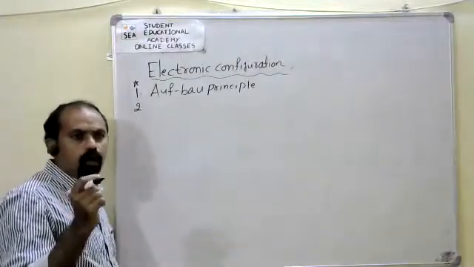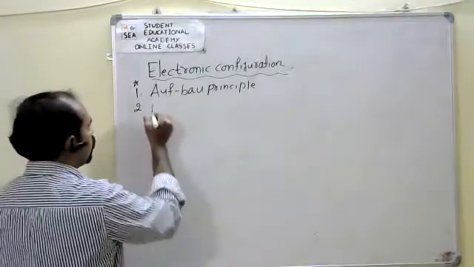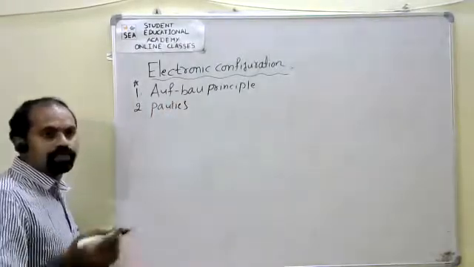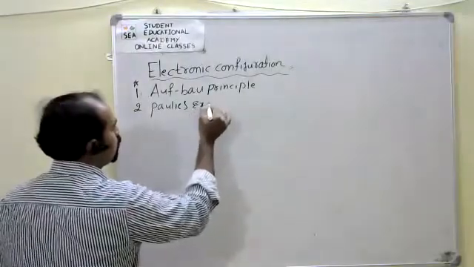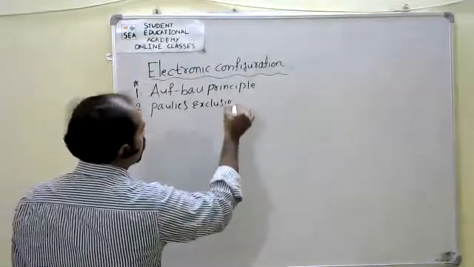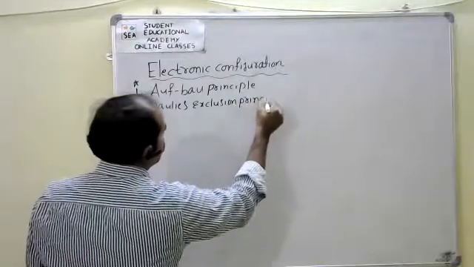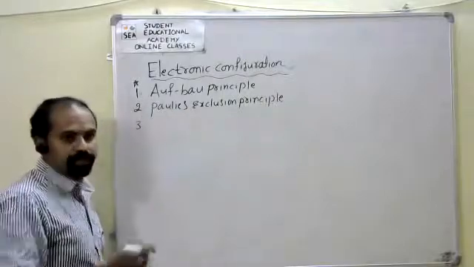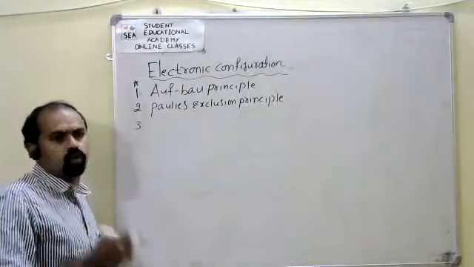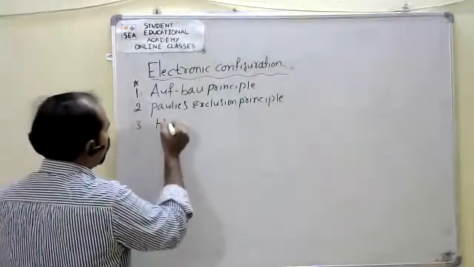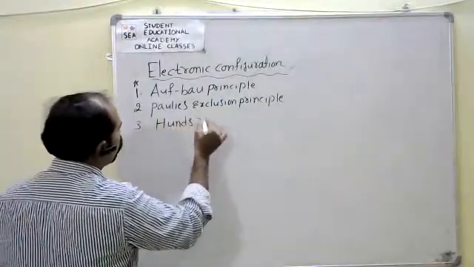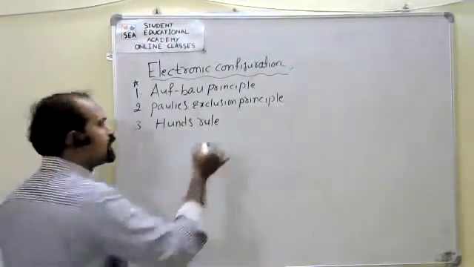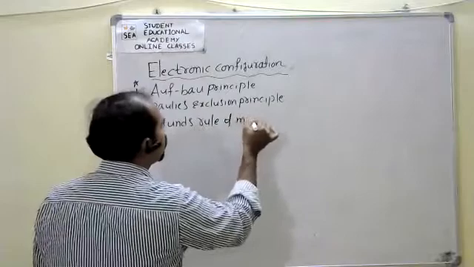Second one, Pauli's exclusion principle, simply Pauli's principle. Third, Hund's rule, otherwise Hund's rule of maximum multiplicity.